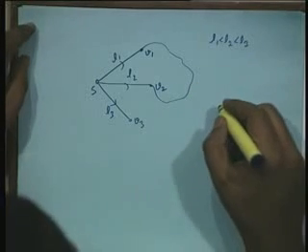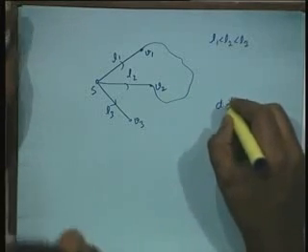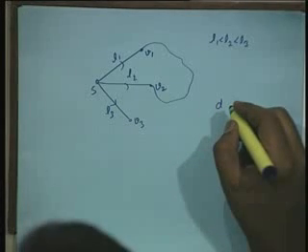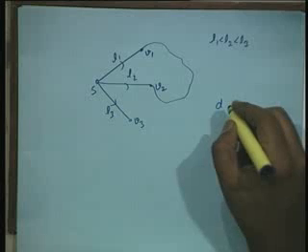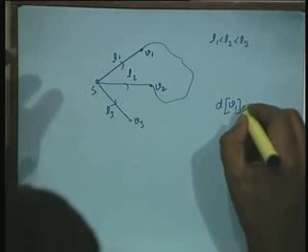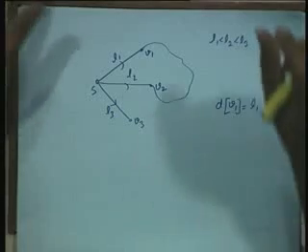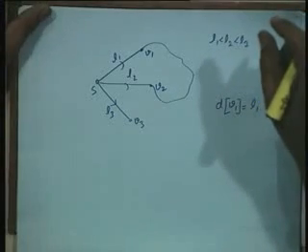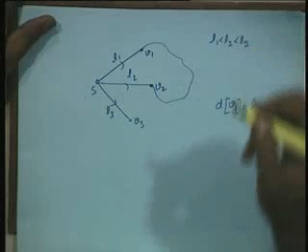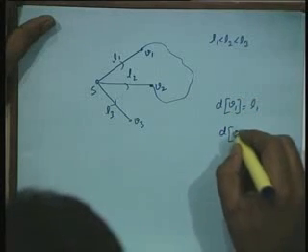Okay? So just by looking at this, I am going to use D to denote distance. So the distance of vertex V1, I know, is L1. What can I say about the distance of vertex V2? D of V2, what can I say about that?